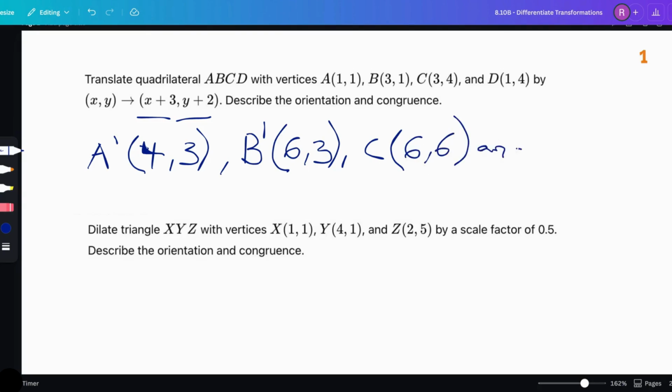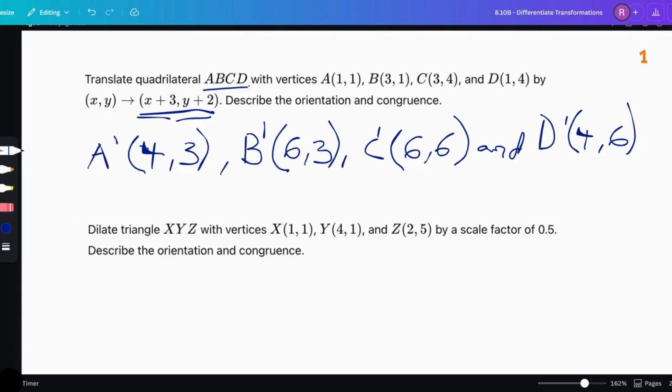And D prime is 1 plus 3, that will be 4, comma, 4 plus 2, that will be 6. So when we translate with x plus 3 and y plus 2, this is what the quadrilateral will become.